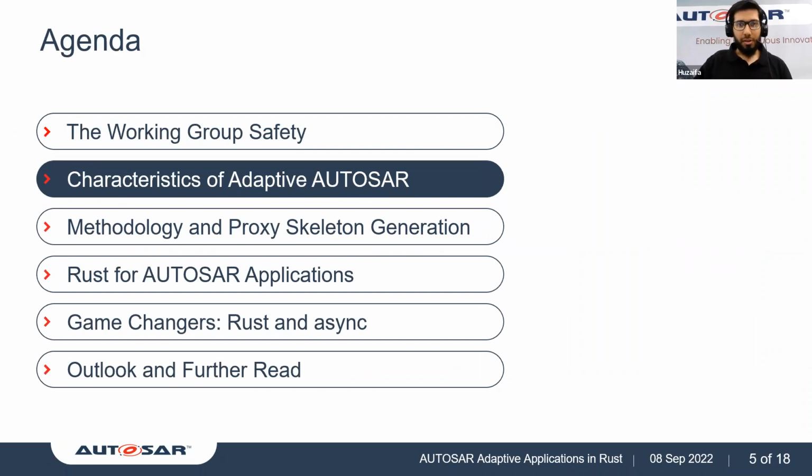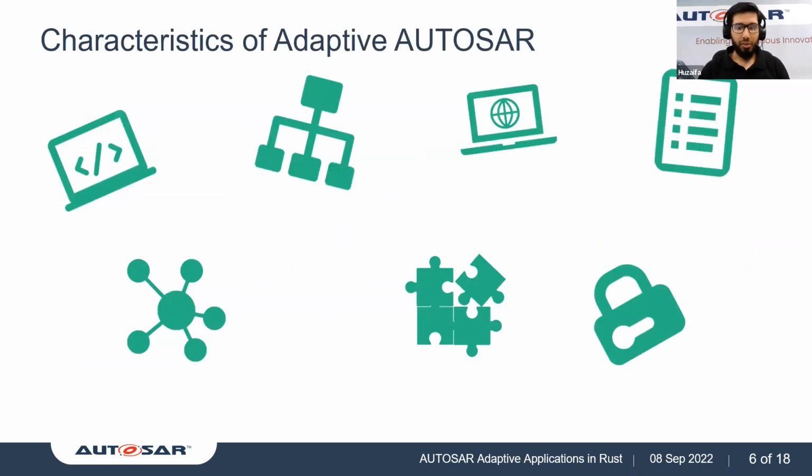So I would just briefly like to tell you about the high-level characteristics of adaptive AUTOSAR. When this whole idea of adaptive AUTOSAR was generated in 2017, we thought one good thing would be to make reuse of standardization and avoid reinventing the wheel. So we have collaborations with other communities and can learn from them.